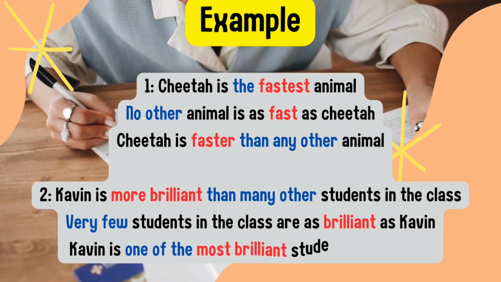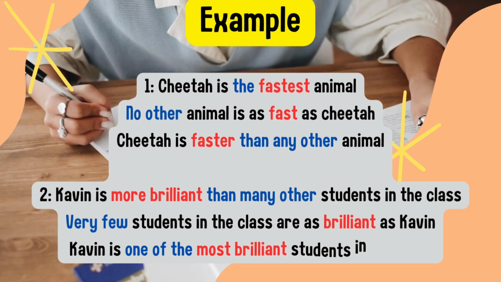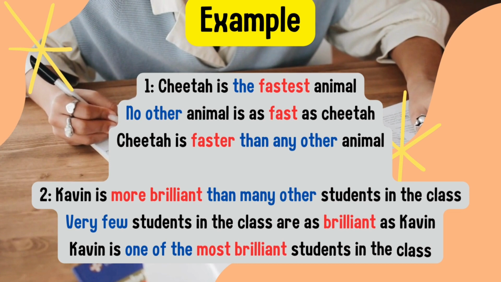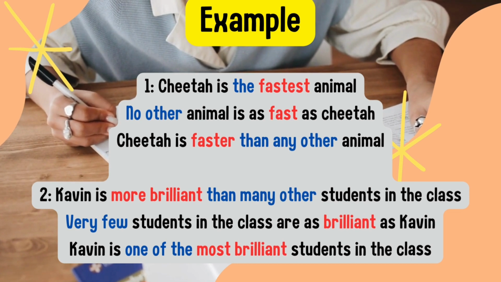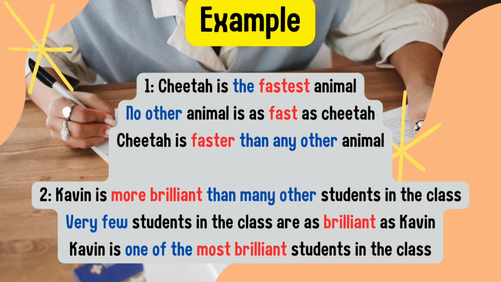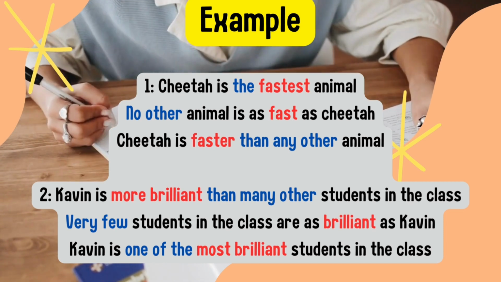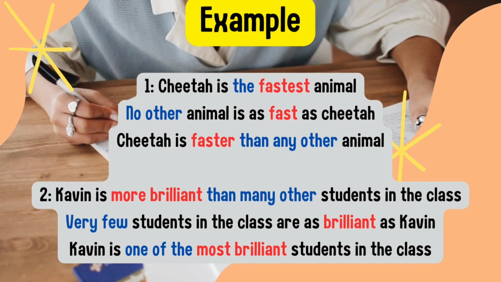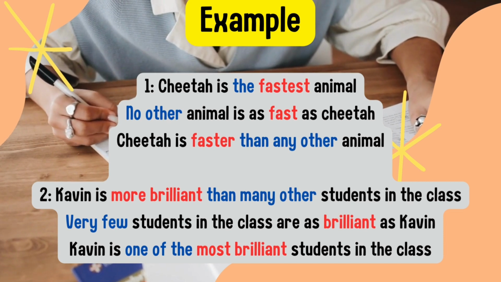One more example. Kavin is more brilliant than many other students in the class. More brilliant, comparative, than many other, type 3. We'll transform the given comparative to positive degree. Type 3 clue word, very few, right at the beginning, then swapping the nouns.